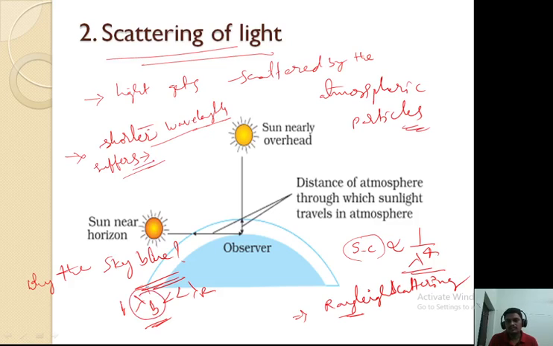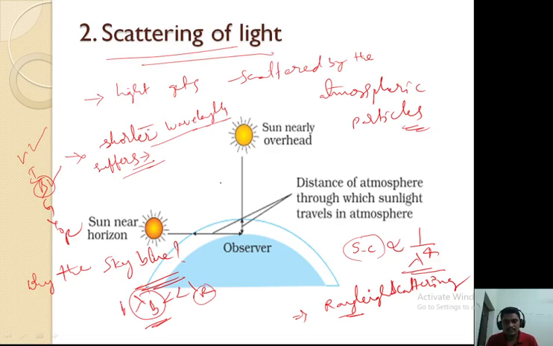So blue color suffers more scattering than the red color, and it will be scattered in different directions. Compared to blue, violet is actually scattered much more, but blue is more sensitive to the eye, so that is why we see the blue color of the sky.